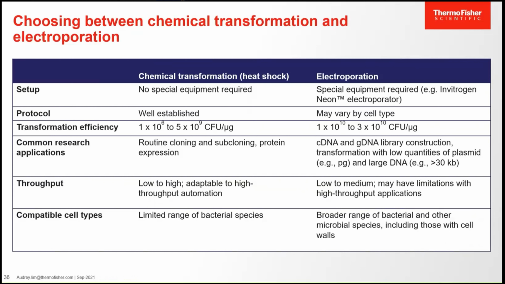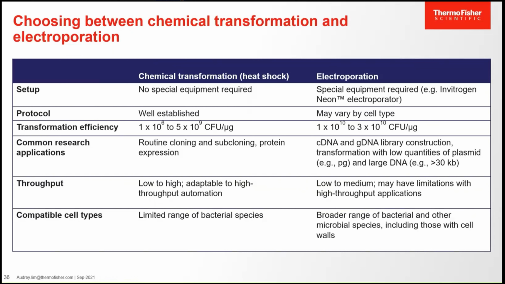Okay, chemical transformation is the most commonly used method for applications like routine cloning and protein expression, because it is well established and does not require any special equipment.